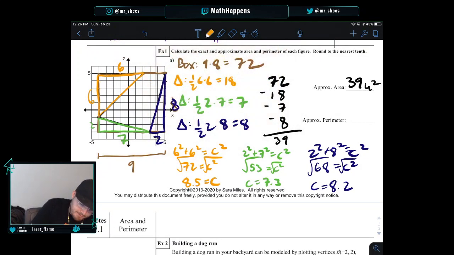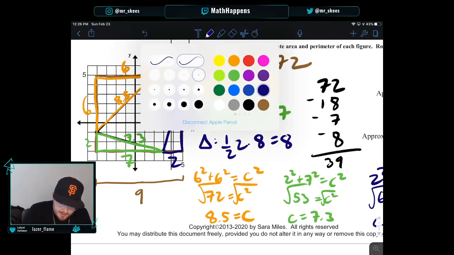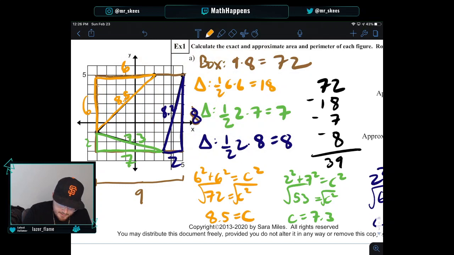So, clarify that 8.5 is this measurement right here, that 7.3 is right there, and that 8.2 is right there. So that's not all of the sides of the figure, because the top side, where's my brown, is 3 up there.